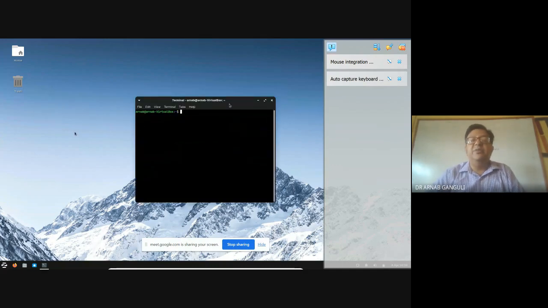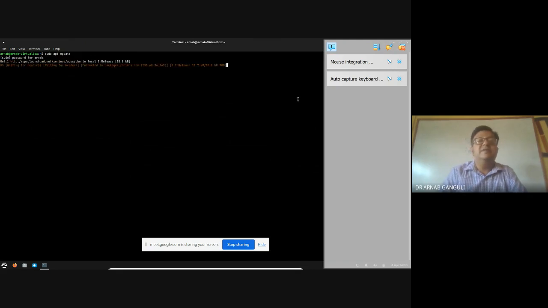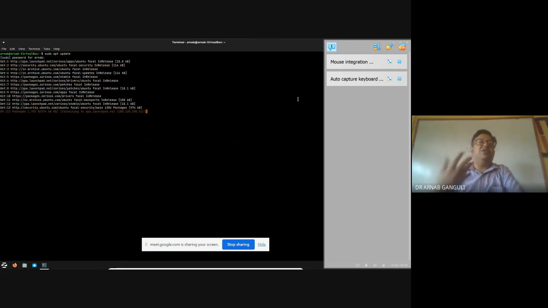এটা হচ্ছে টার্মিনাল বলে এটাকে। Through this terminal you can directly communicate with the computer. ধরো I want to update it. But I'm just talking, it's updating it.